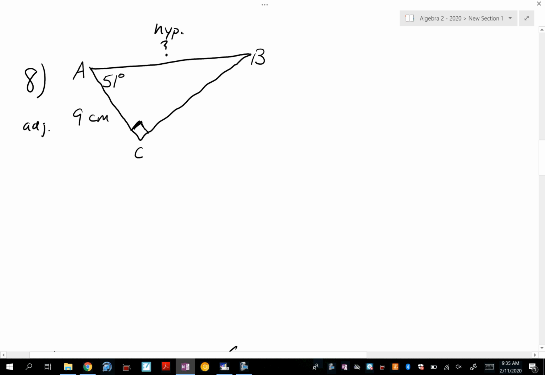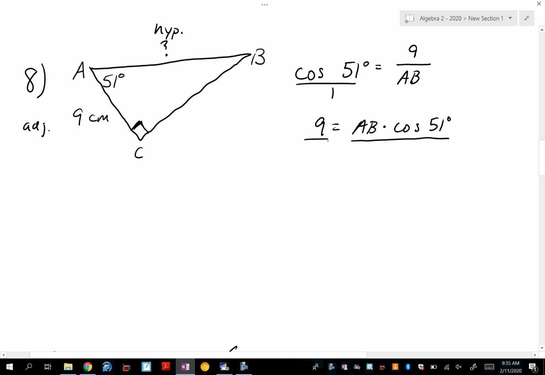So this tells me I'm going to be using the trig ratio for adjacent over hypotenuse, which is the cosine. So the cosine of 51 degrees equals the adjacent, so 9, over, I don't know, AB. Make it into a proportion. Cross products, you get 9 equals AB times the cosine of 51 degrees. And if you divide both sides by the cosine of 51 degrees, you will find your answer for AB.